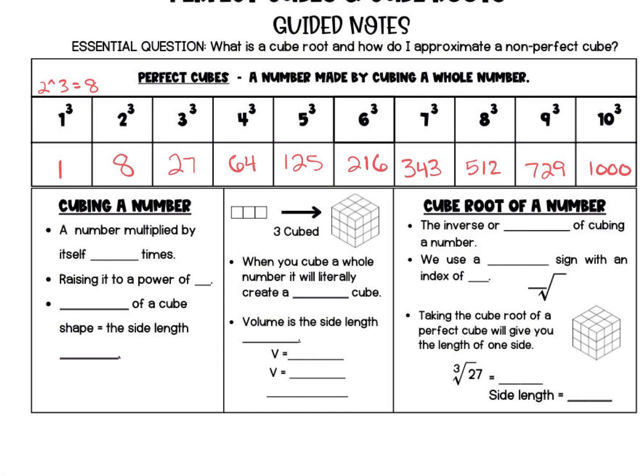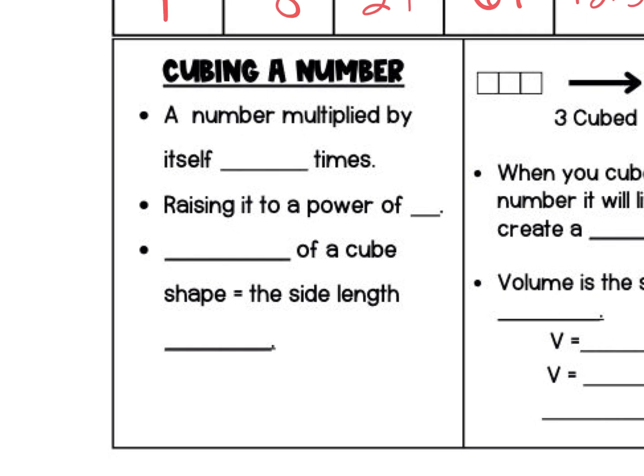We're doing it again. So cubing a number is a number multiplied by itself 3 times, raising it to a power of 3. And then the volume of a cube, we talked about this yesterday also, is the side length cubed.